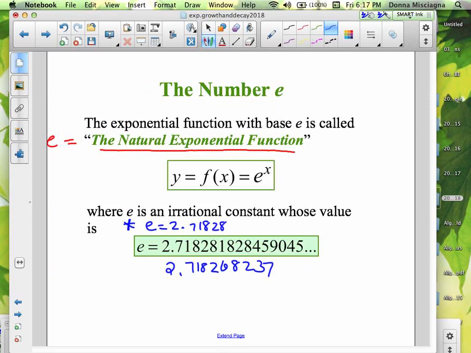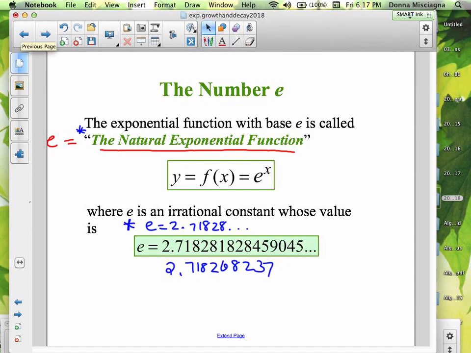If you want to write the rest of them down, that'd be great, but you can just do that. Just write that down so you have an idea of the value of e. And you can also write in that it is the natural exponential function if I don't have that in your notes. So if you need to pause the tape, just write that down. I'll wait here for you. Actually, you'll probably have it written down before my page turns.